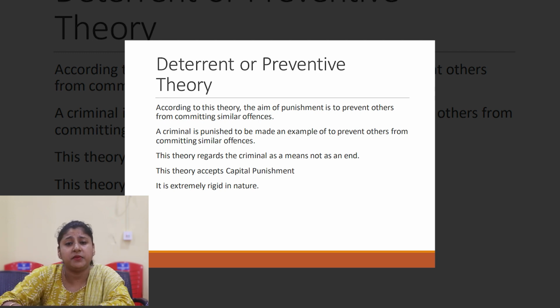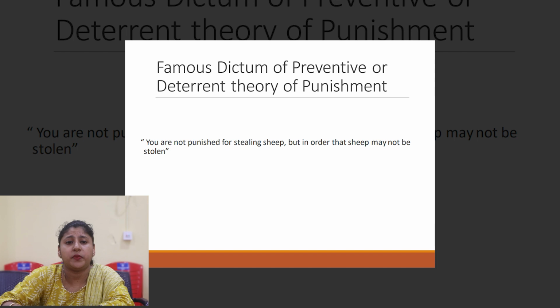So there is a famous dictum in preventive theory of punishment. The famous dictum, let us see what it is. You are not punished for stealing sheep, but in order that sheep may not be stolen. So I have already told that preventive theory regards criminal as a means. It regards criminal as an example.